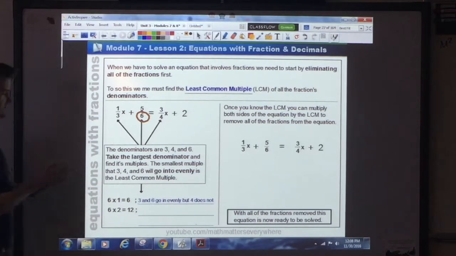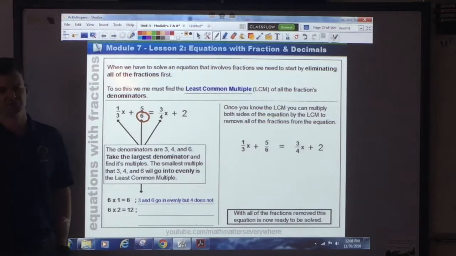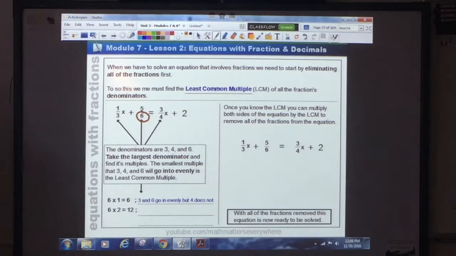That does not work. 3 and 6 go in evenly, but 4 does not. So we find the next multiple of 6. All you're doing is multiplying: 6 times 1, 6 times 2, until you find the least common multiple. So we do 6 times 2. We get 12. And we ask ourselves that same question. Does 3 go into 12 evenly with no remainder? Yes.